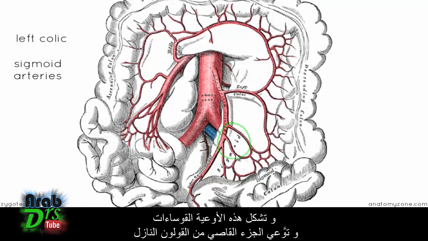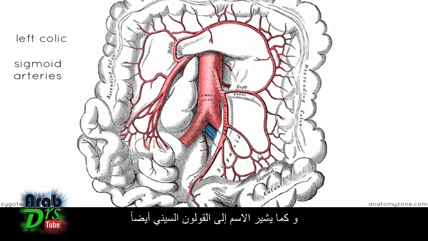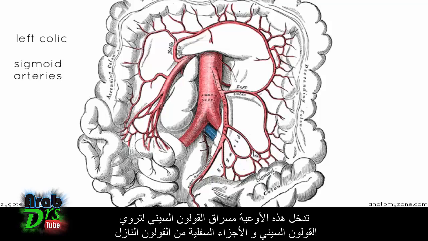So these form these arcades, and they vascularize the distal part of the descending colon, and as the name suggests, the sigmoid colon as well. So these vessels enter the sigmoid mesocolon to supply the sigmoid colon and the lowest parts of the descending colon.